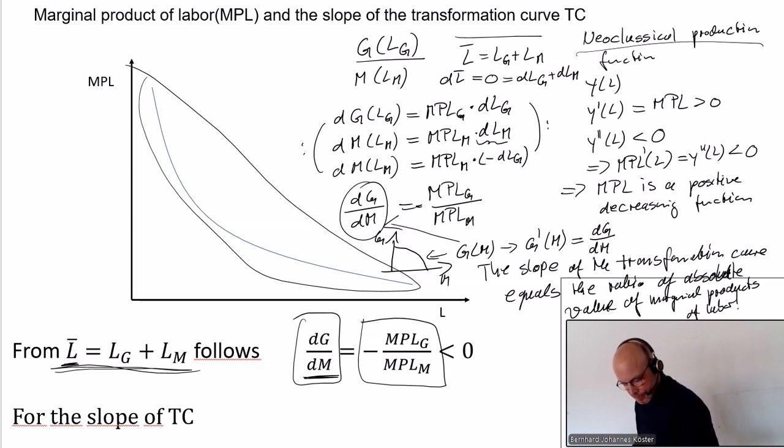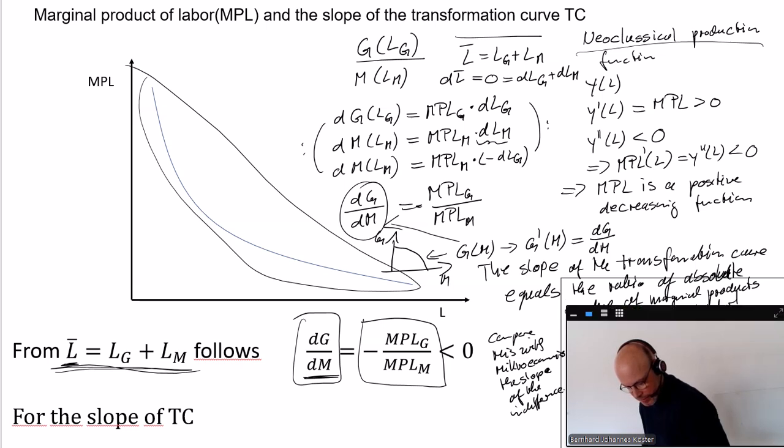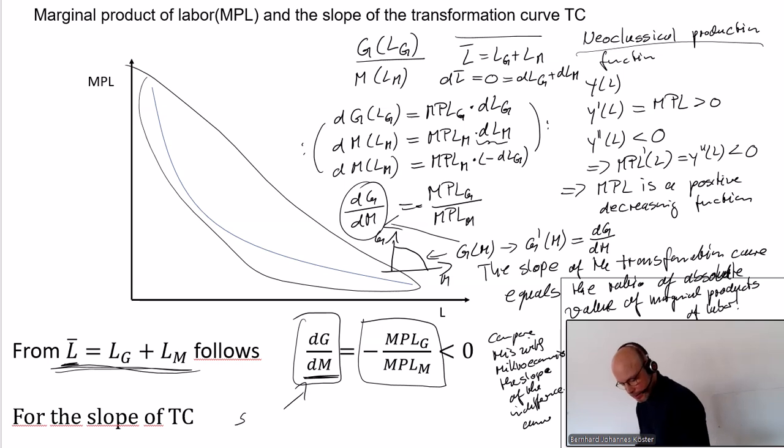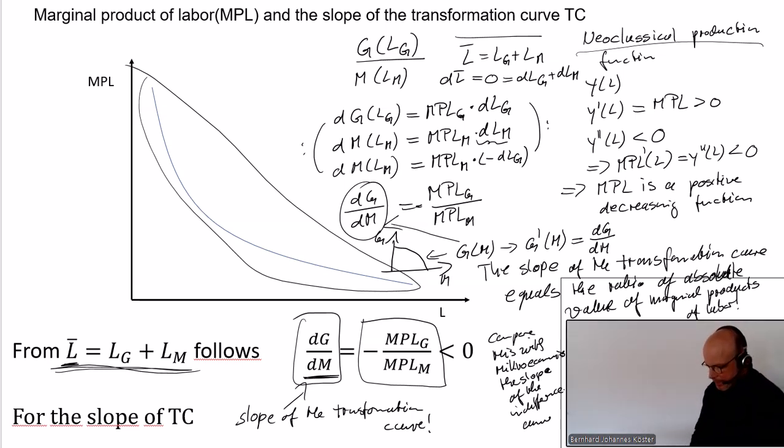So compare this with the slope of the indifference curve in microeconomics. This is the slope of the transformation curve. And this result we need later on.